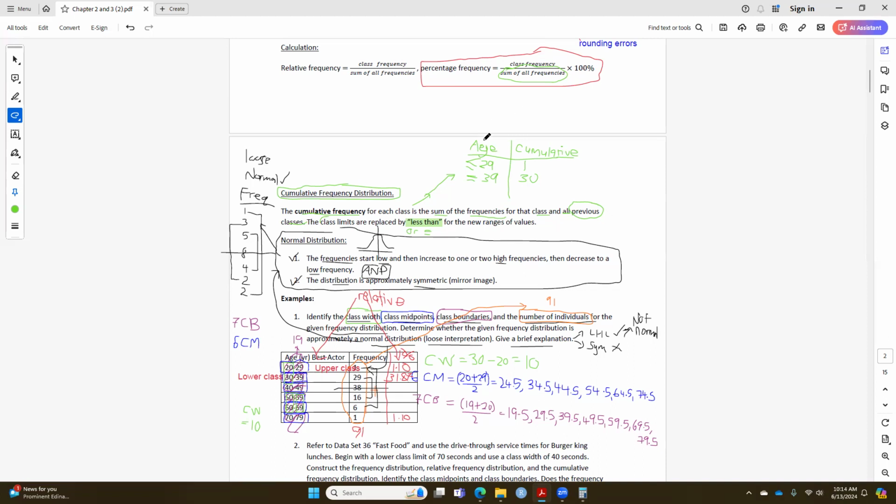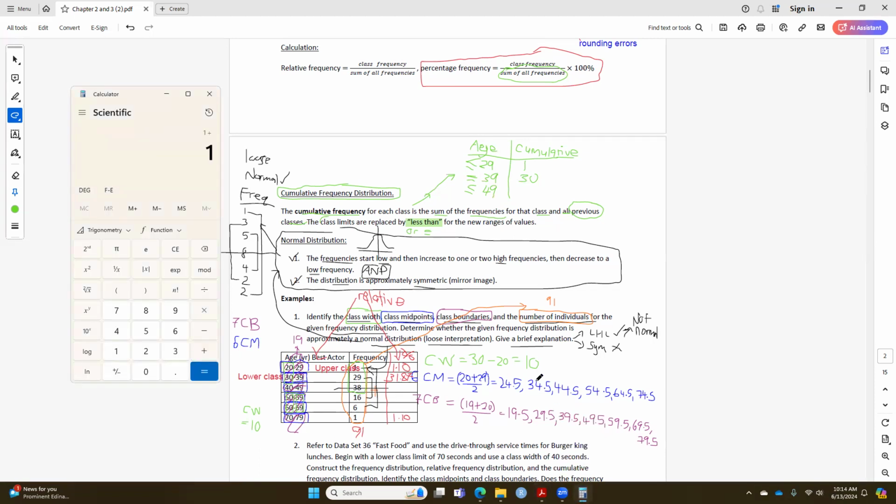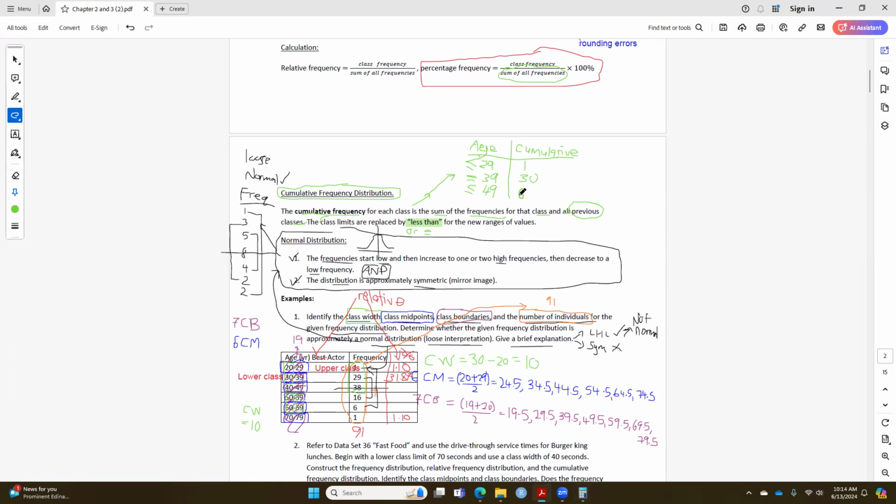And then the next one is going to be less than or equal to 49, which is the upper class limit of the third class. For this case, you have to add these three numbers, which is 1, 29, and 38. Let me add it up. 1 plus 29 plus 38, you get 68. So that will be the next one. And so on.